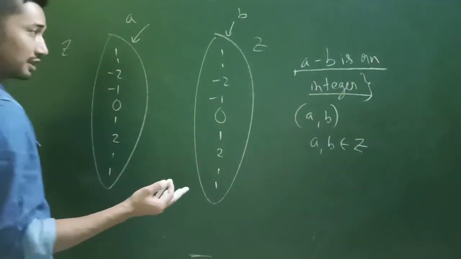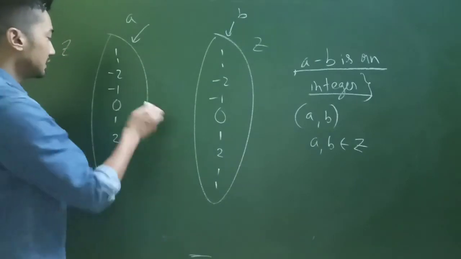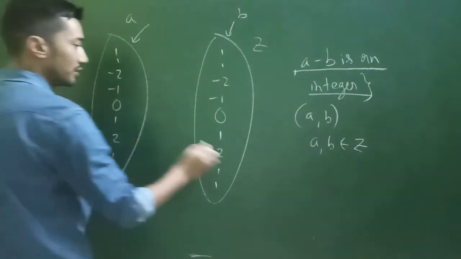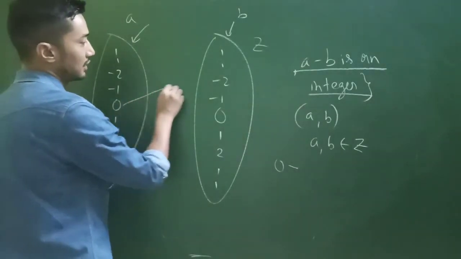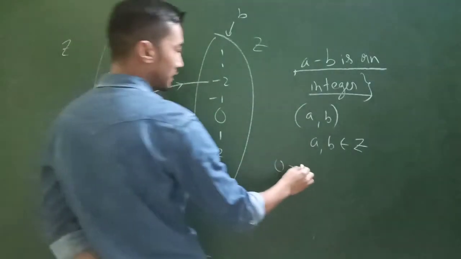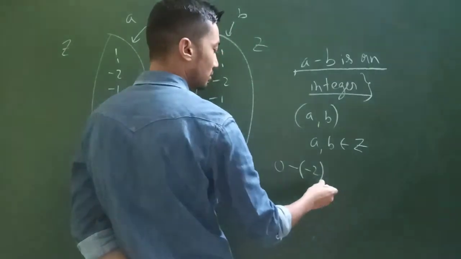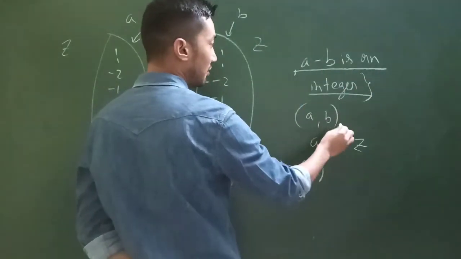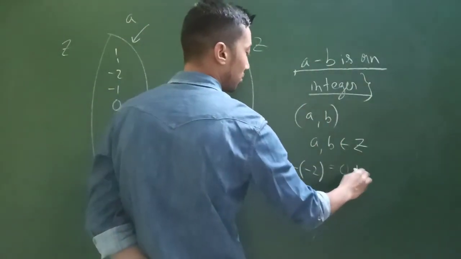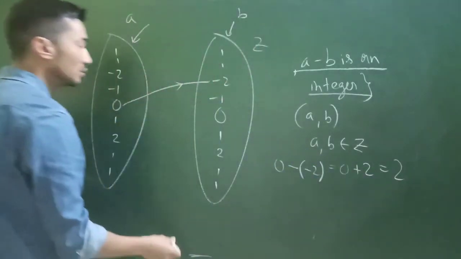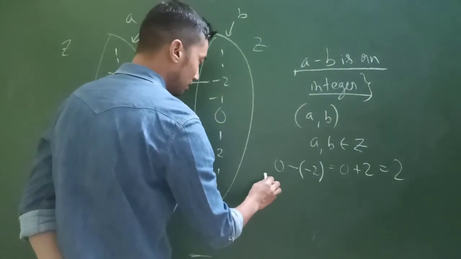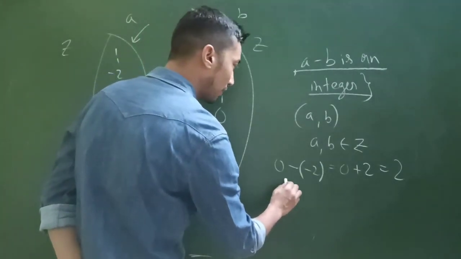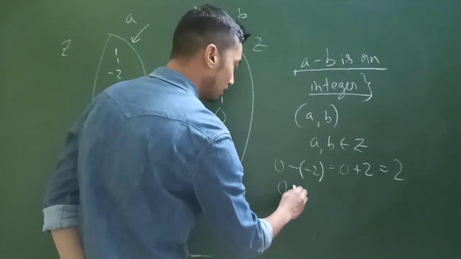Suppose a is 0, and you connect it to any element, say 0 minus 2. Because a minus b is 0 plus 2, that is 2.